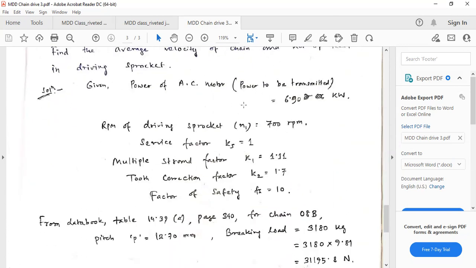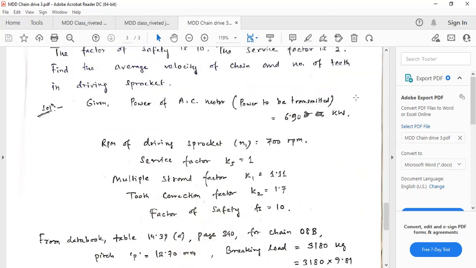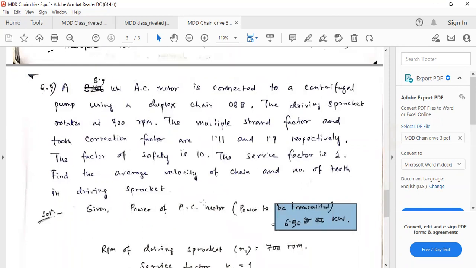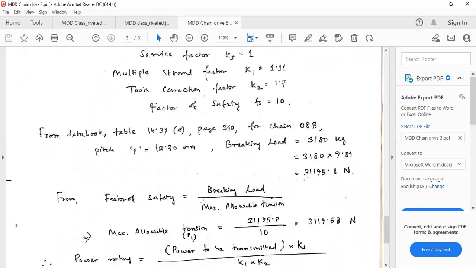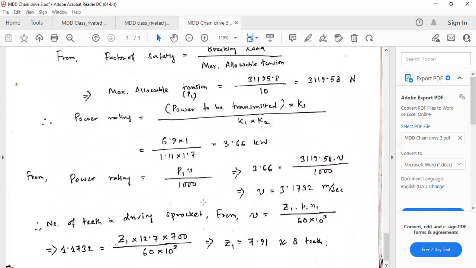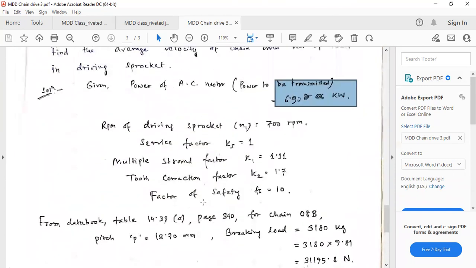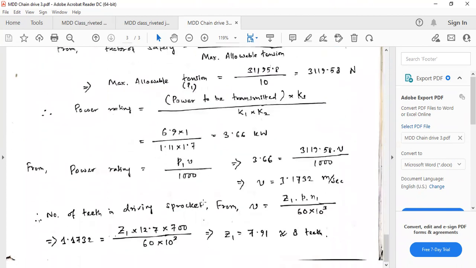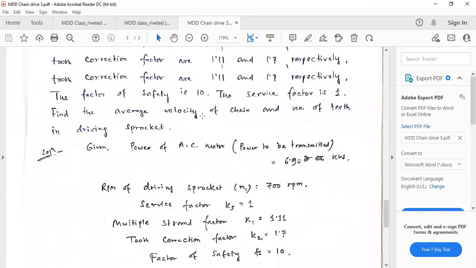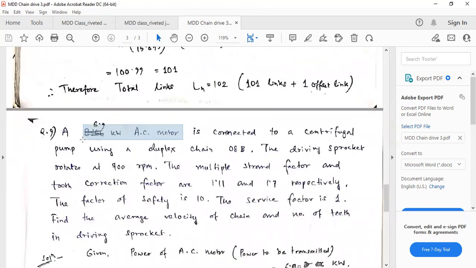So you have the power of a motor, that is the power transmitted is given. So 6.9 is the power transmitted. This is not the power rating. You have to calculate the power rating or get it from your database. In this case, we can calculate the power rating. The power to be transmitted is the power of your motor, and for this numerical, this is given directly.